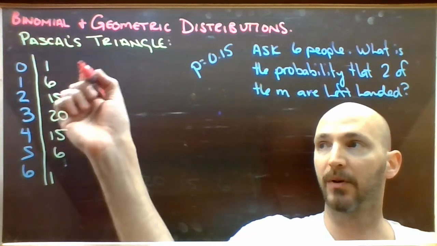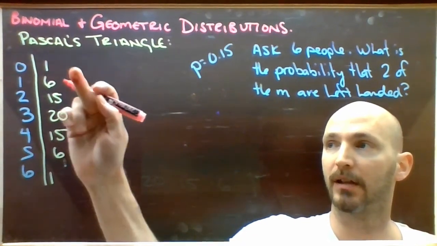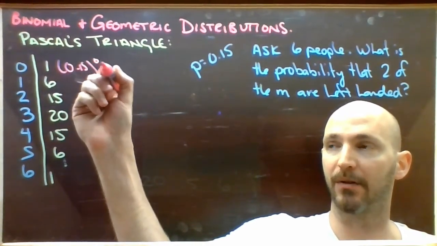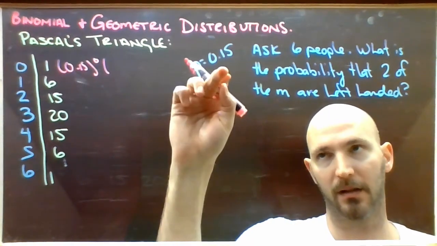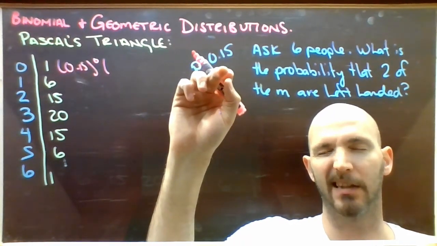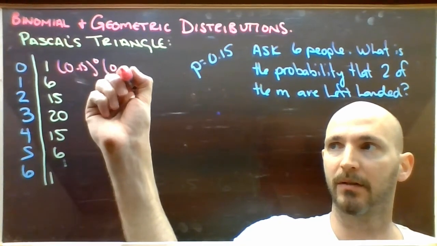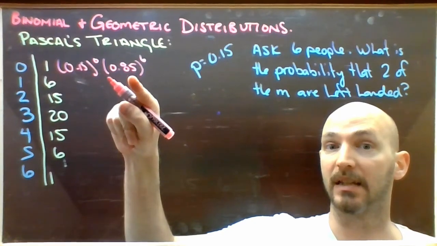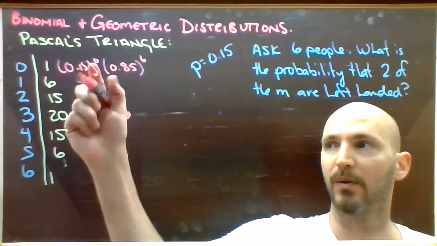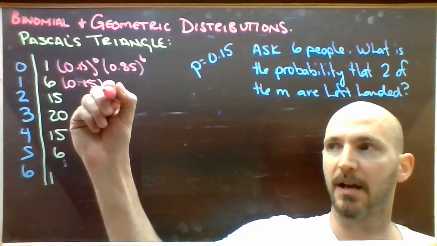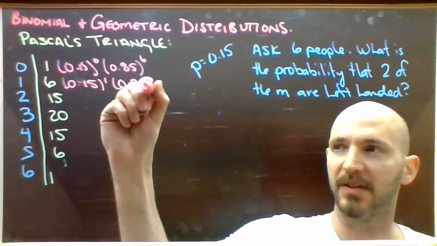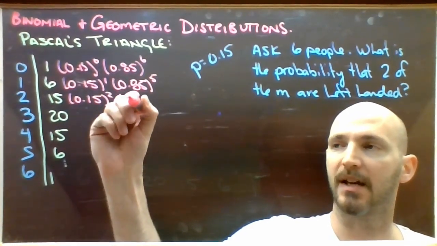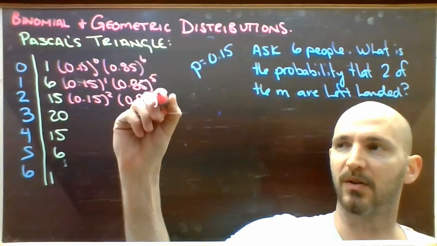If there are no people who are left-handed, that means this 1 here is multiplied by 15%, showing up 0 times, and 15% are left-handed, then 85% are not. So there are none of these folks and 6 of these. In this row, there's 1 of this type of person, so there must only be 5 of this type. This row, there are 2 of this type of person, so there must only be 4 of those type.